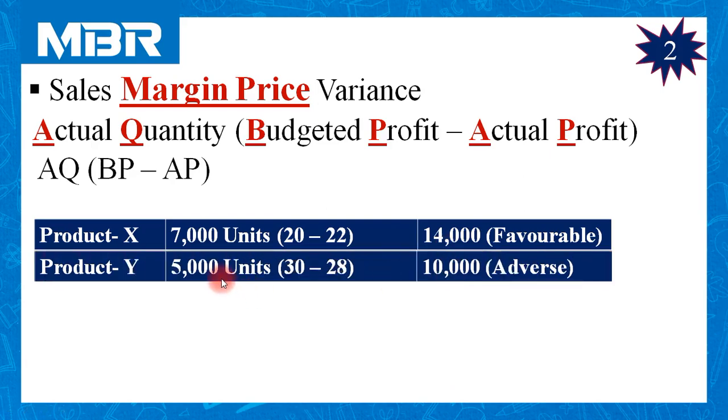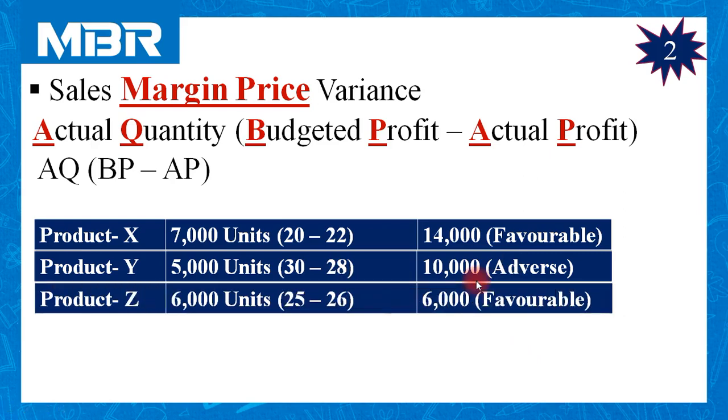In case of product Y, 5,000 units actual quantity, estimated or budgeted profit was rupees 30 per unit. But the company is able to get 28 rupees as figure of profit. So here the profit decreased by rupees 2 per unit. So the total difference is 10,000 adverse.